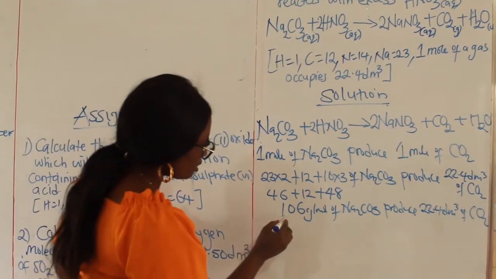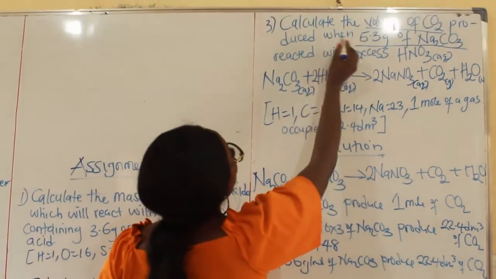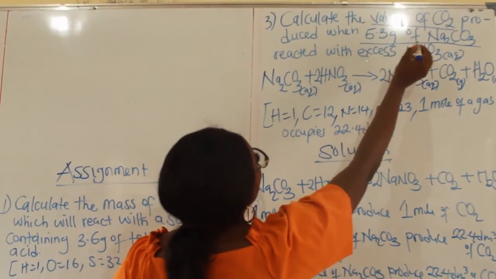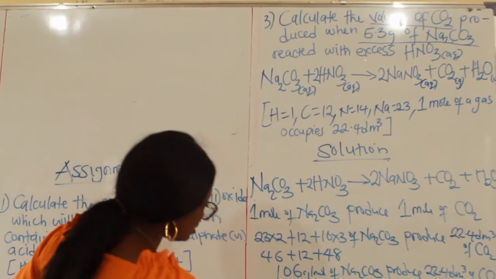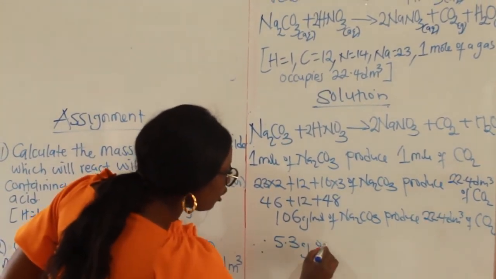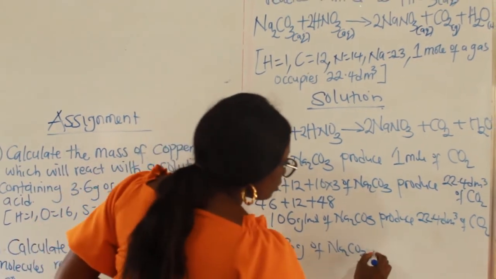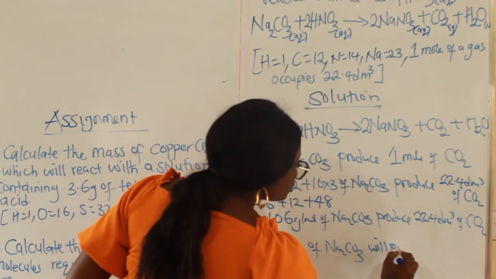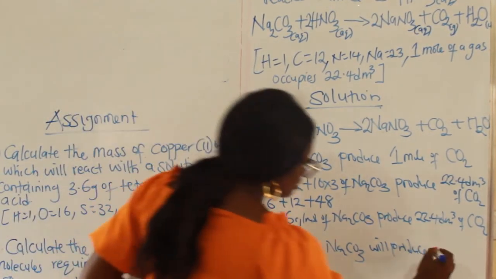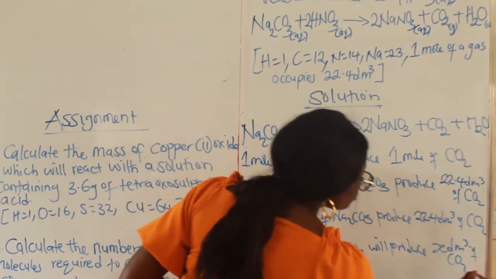Now this is the gram of sodium carbonate, and the question is, calculate the volume of this produced when 5.3 gram of sodium carbonate. So you say, therefore, 5.3 gram of sodium carbonate will produce X dm³ of CO2.